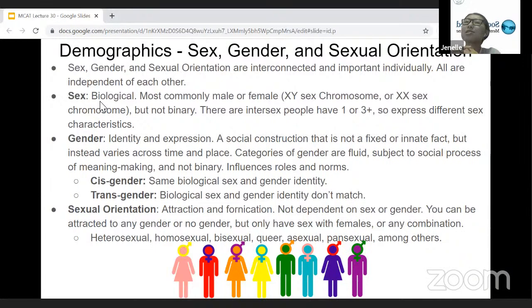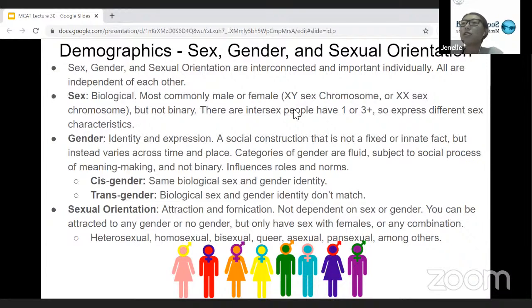Actually, probably also biologists, but anyway, the most common way to divide sex is through male or female. So the XY sex chromosome for males and XX sex chromosomes for females. However, sex is also not considered binary.